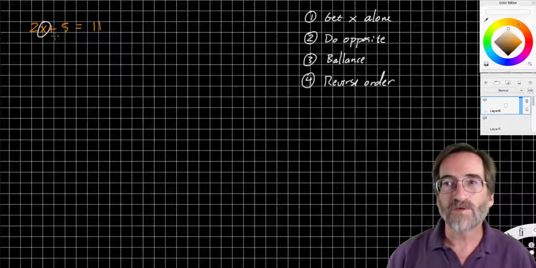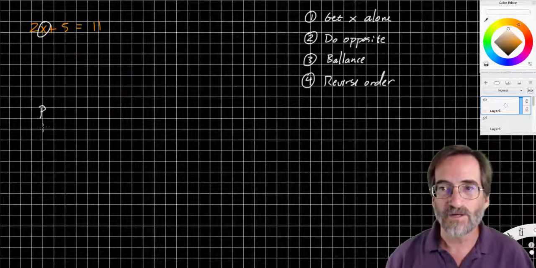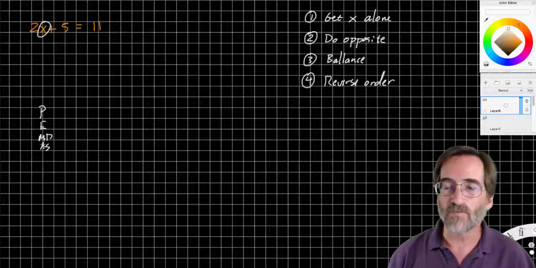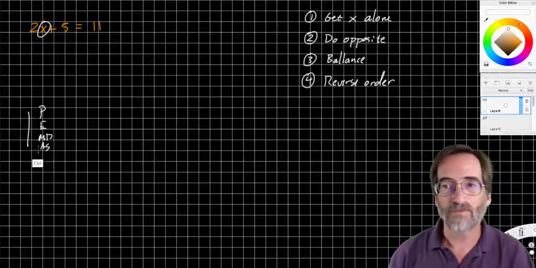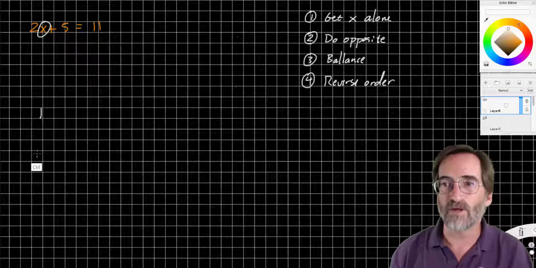We get rid of addition before we get rid of multiplication, because you remember PEMDAS? Please excuse my dear Aunt Sally. Multiplying and dividing comes before adding and subtracting, but when we're solving an equation, we do it in reverse order. We work bottom up. Adding and subtracting is gotten rid of before multiplying and dividing.